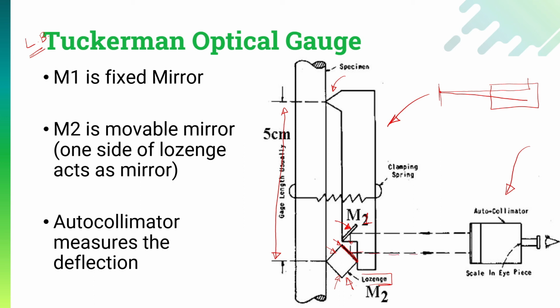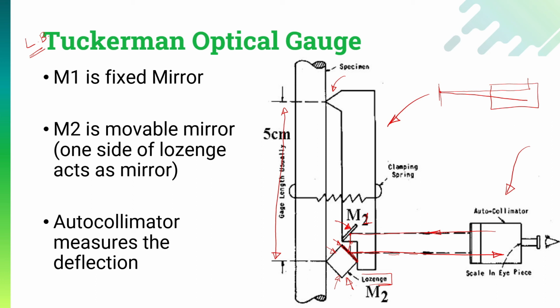Over here the ray will come from the autocollimator, and it will be reflected first from mirror number 1, then from mirror number 2, and then it will return to the autocollimator, where we can measure how much change in inclination has occurred.